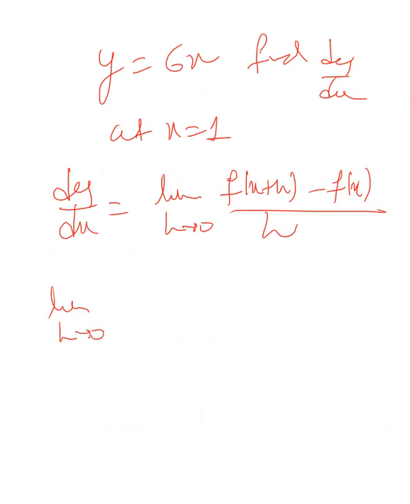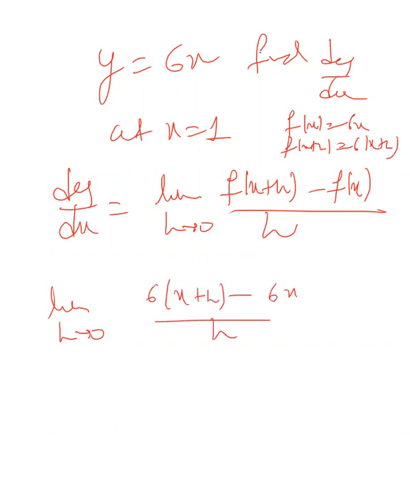F of x is 6x, so f of x plus h means 6 into x plus h. So 6 into x plus h minus 6 into x upon h, limit h tends to 0.